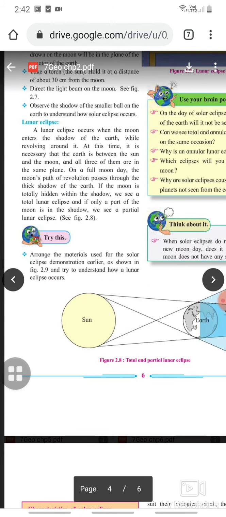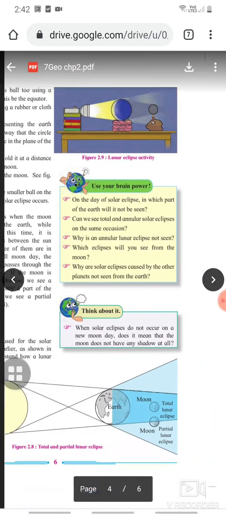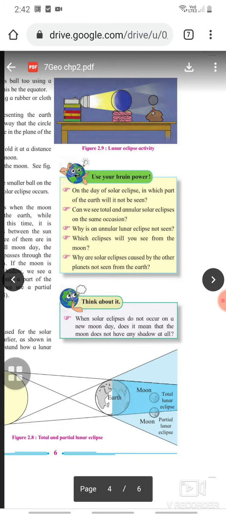Okay, now another activity is for you. Arrange the materials used for the solar eclipse demonstration earlier, as you can see in figure 2.9, and try to understand how a lunar eclipse occurs. Okay, see how that occurs.